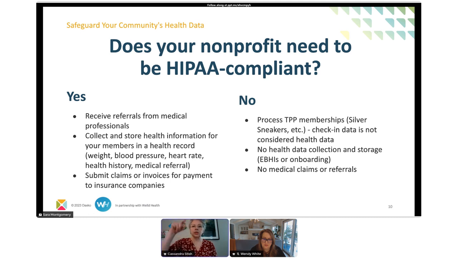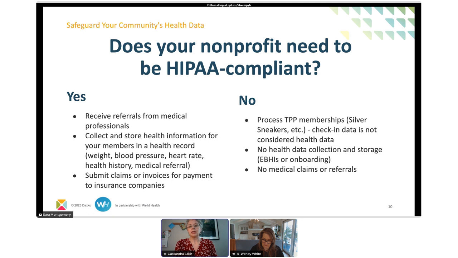Ergo, Silver Sneakers and Optum and all those guys are aggregators. They hold the policy ID. They create a fitness benefit ID that those members use instead of their policy ID. Therefore, check-in data is not HIPAA data, right? They've tried to create that barrier for you, which is very helpful.